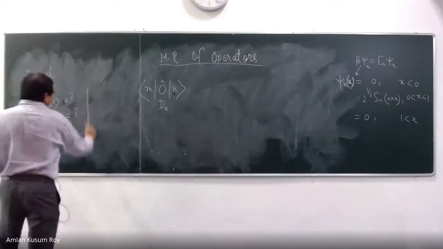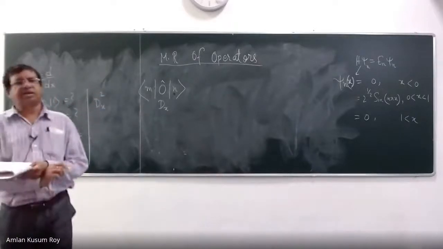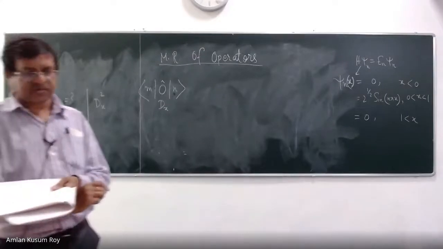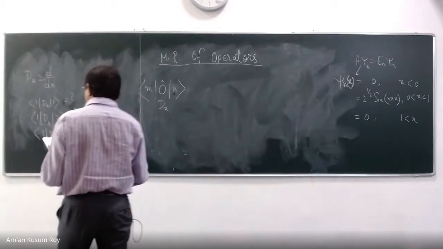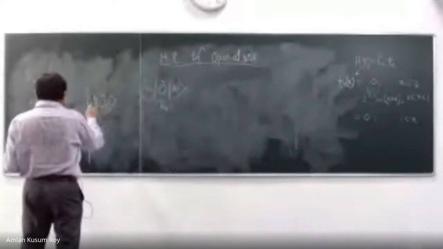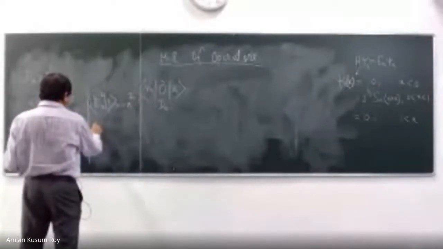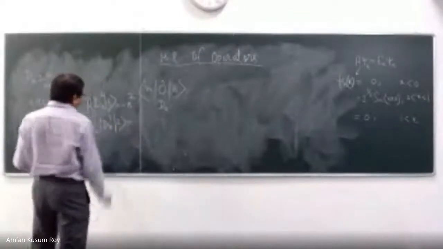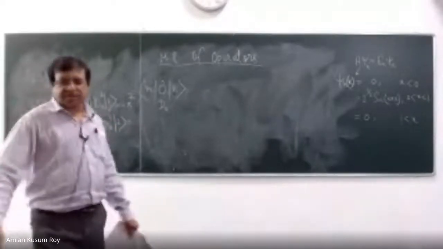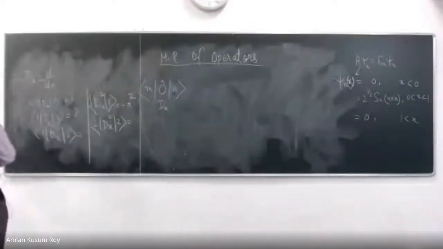And then I am more interested in finding dx square, because that's what my kinetic energy operator is made of. Work it out. So it is fair enough to ask, what is 1 dx square 1?